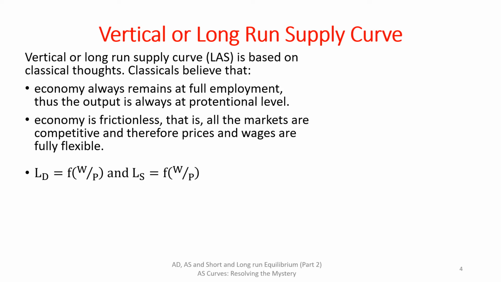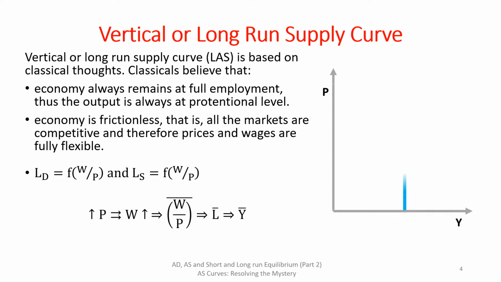Therefore, an increase in price translates into increase in wage rate and thus the real wage rate remains the same. Therefore, both the employment level and the output level also remain the same. This gives rise to vertical aggregate supply curve as shown in the figure.